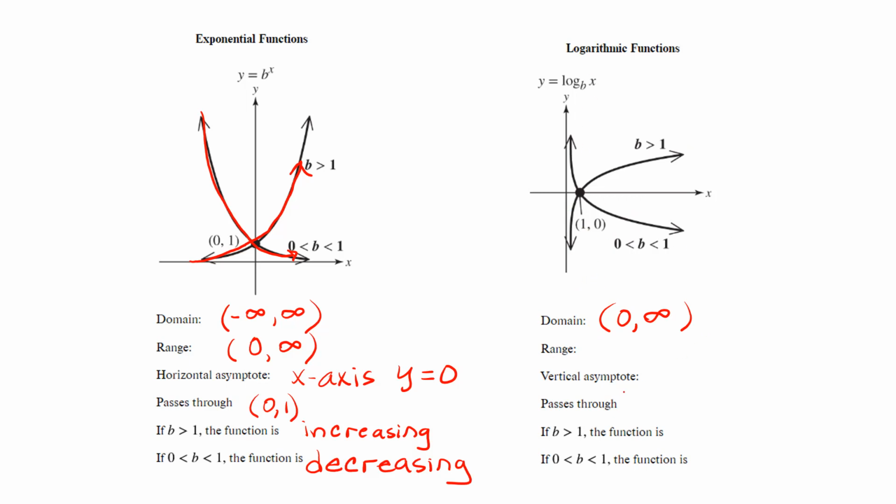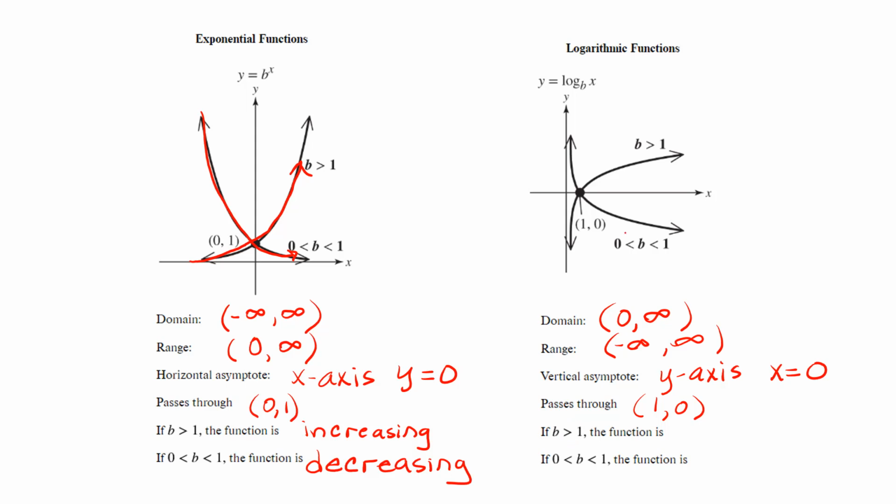It can cross the x-axis, go all the way down. So negative infinity to positive infinity is the range for the logarithmic function. The vertical asymptote is going to be the y-axis, which is x equals 0. It passes through the point 1, 0, so the other way around from the exponential function.